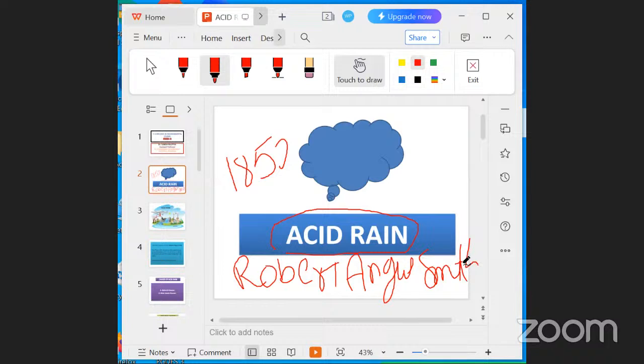He was a Scottish chemist, and in 1852 he coined the term.